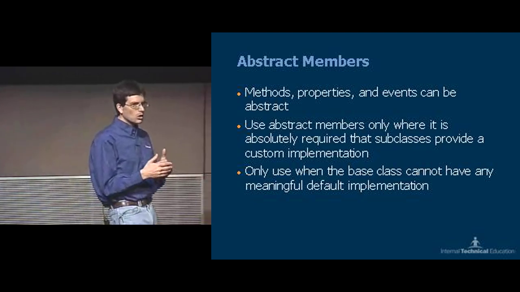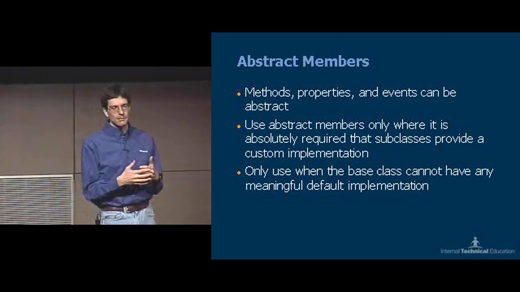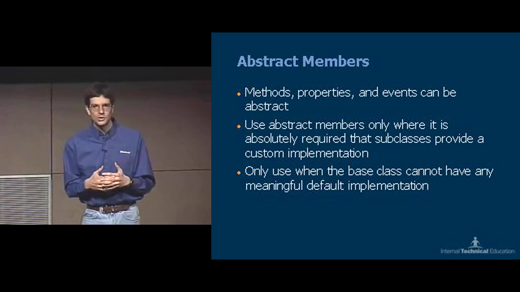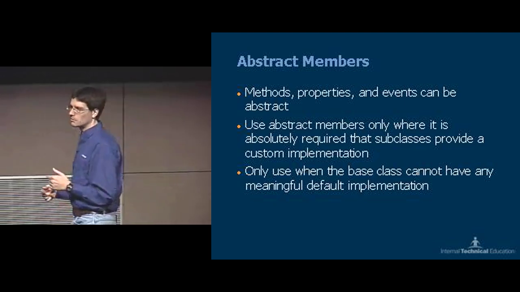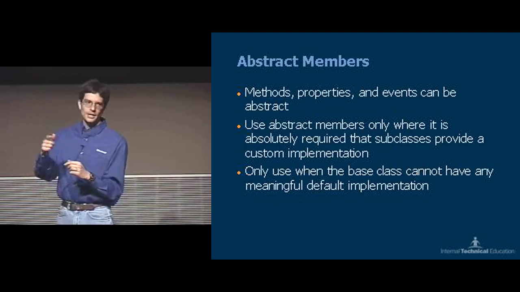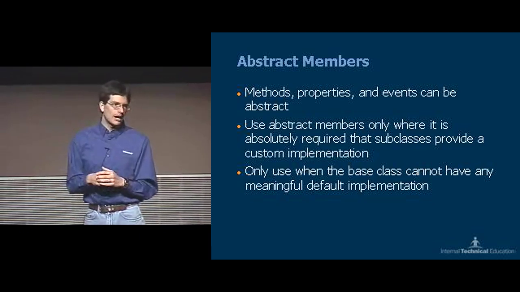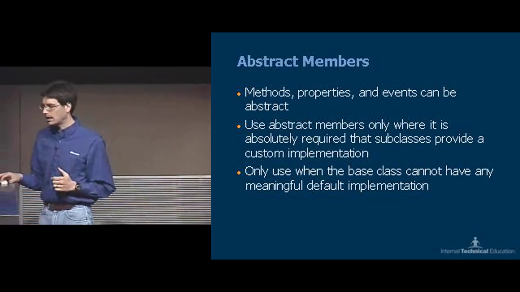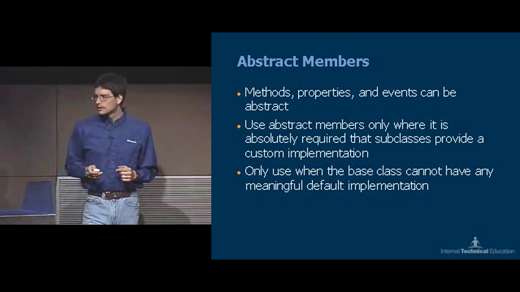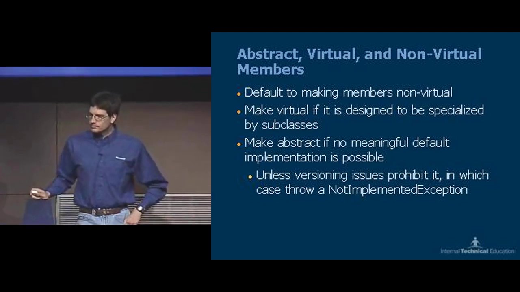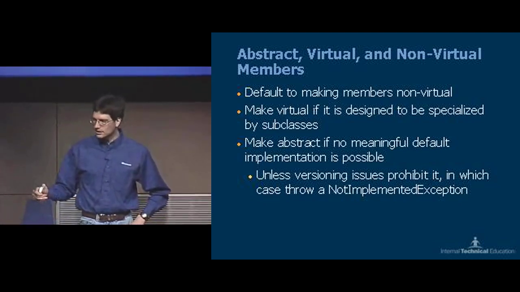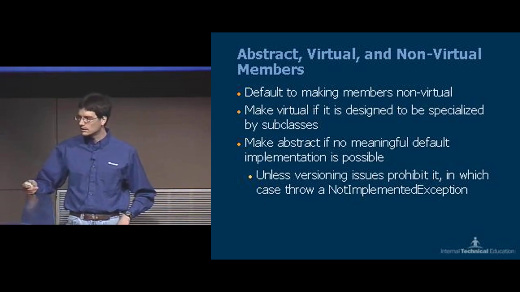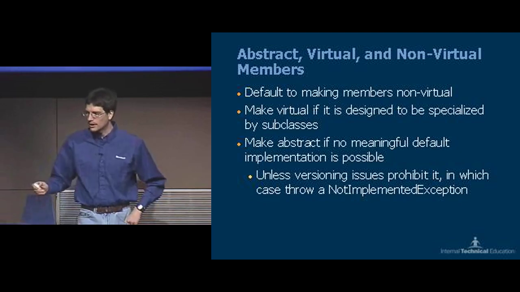It is a little bit more work, but what really bothers me about it is there are just more chances of introducing bugs. If you do most of the work in a virtual member and they have to customize a little bit and then call base.blah, then it's much more likely the system will actually hang together. So I already mentioned the default to making things non-virtual. Yep, I think I mentioned all that.